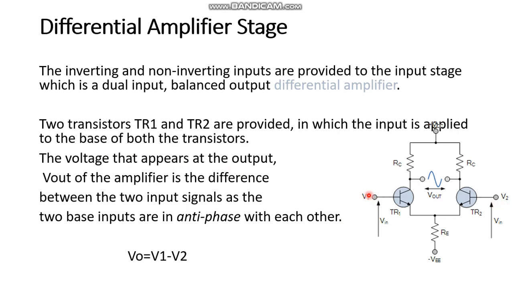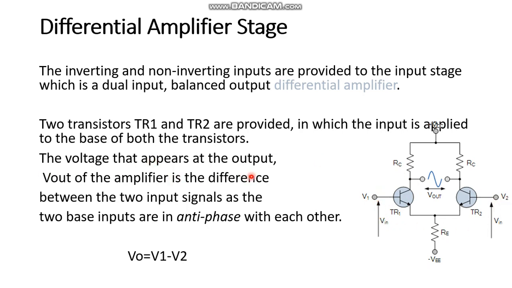We can apply a common input to both the pins, or we can apply some voltage to one pin and make the other one grounded, that is, applying 0 volts means grounded. Or we can ground this input and apply some voltage at this side, or we can apply the same voltage to both the pins also.